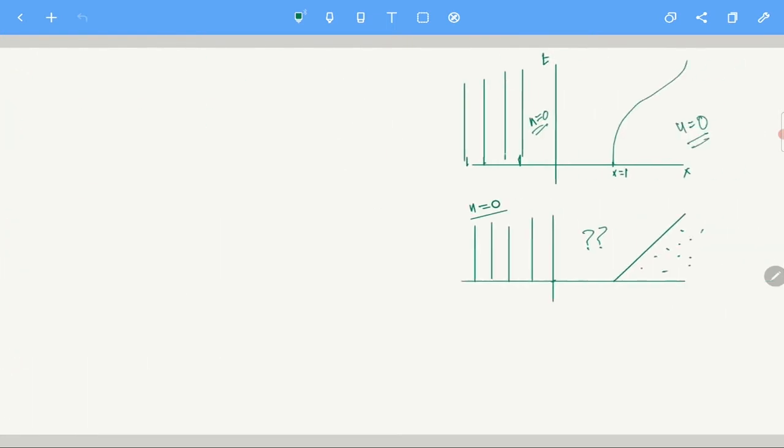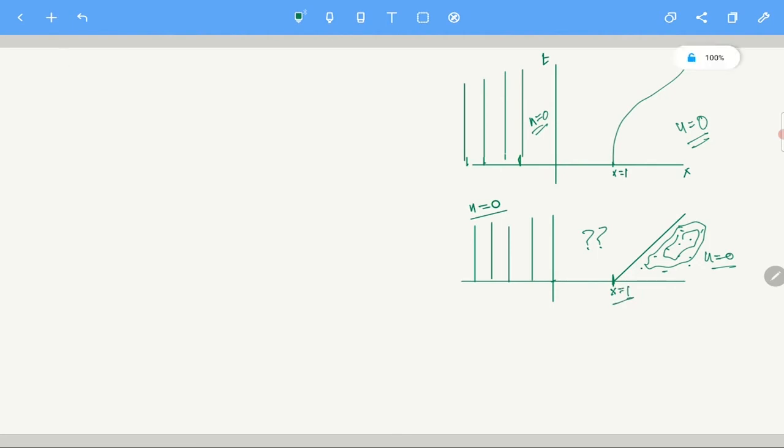So u equals 0 here, and u equals 0 here. That was given to us. I don't know what is happening in this area. That is the point which I want to look at. Of course, there is a shock curve that starts from x equals 1, right? And what is the speed of the shock curve, that we need to find out.